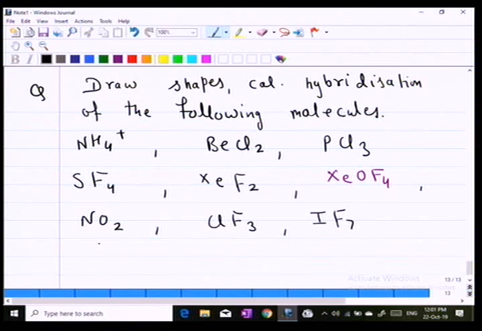Attempt these questions, guys. You have to draw the shapes, calculate the hybridization, and after attempting that, just tell me and I'll start solving it. Then you have to check how many of you have got all right answers.